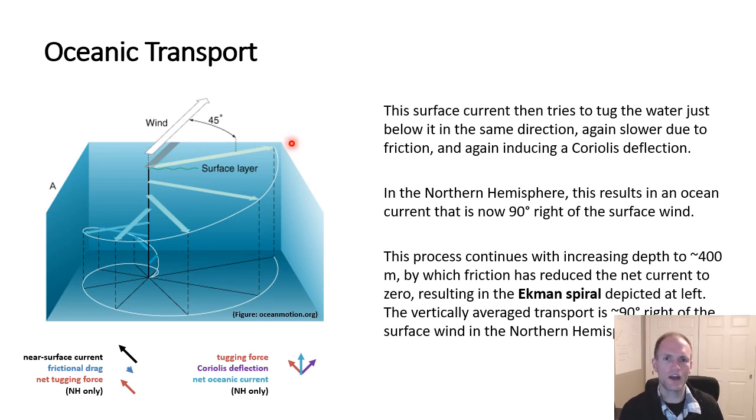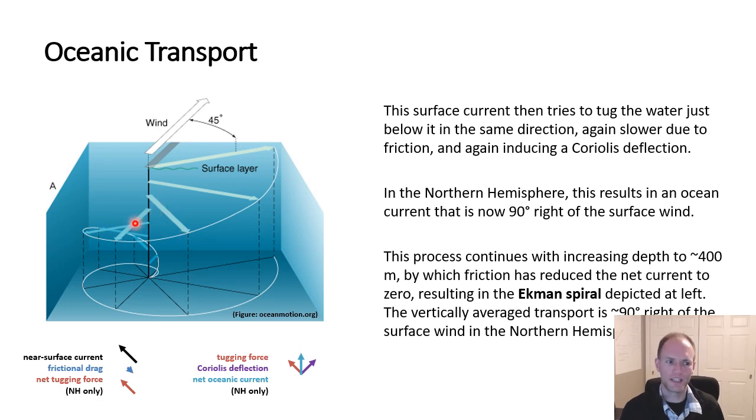That's giving us the ocean current right at the surface. This ocean current then induces a flow just below it, and that gives us this yellow vector here that is 90 degrees to the right of the surface wind. Then that one induces a current just below it that is deflected to the right by Coriolis.